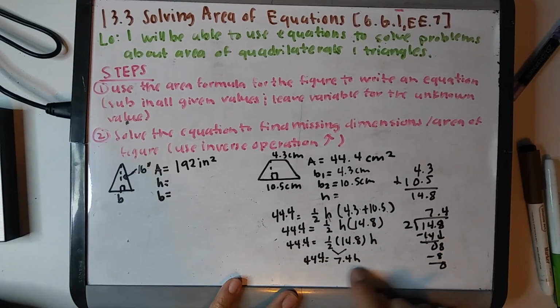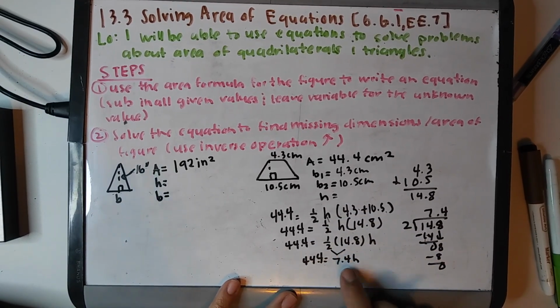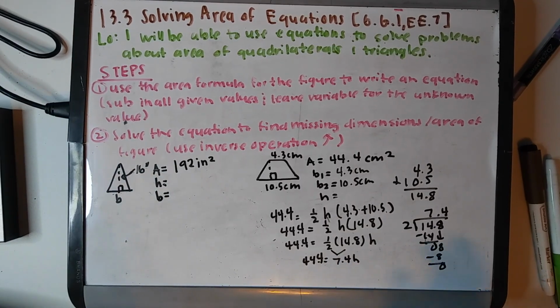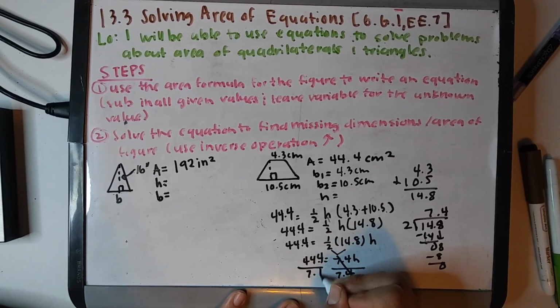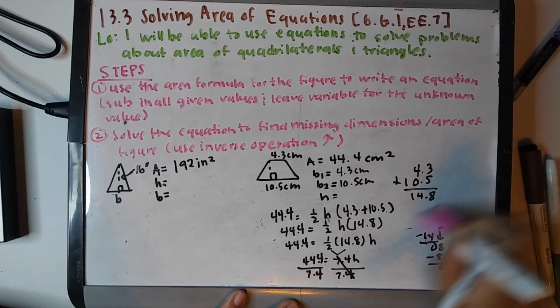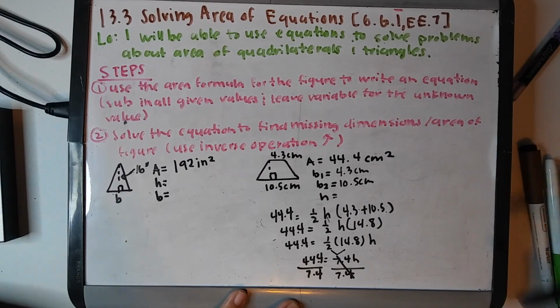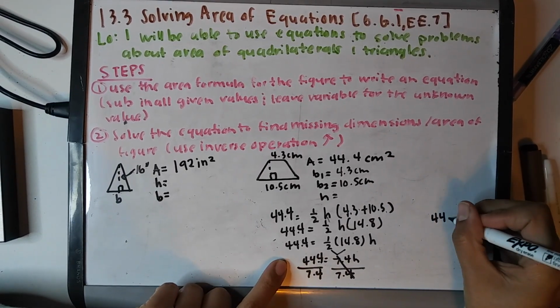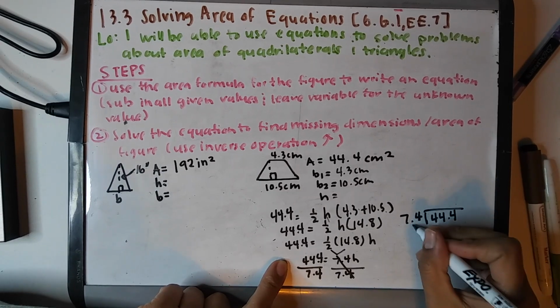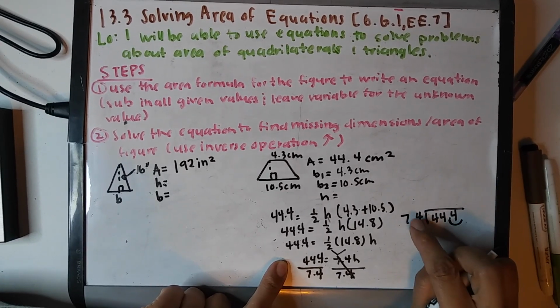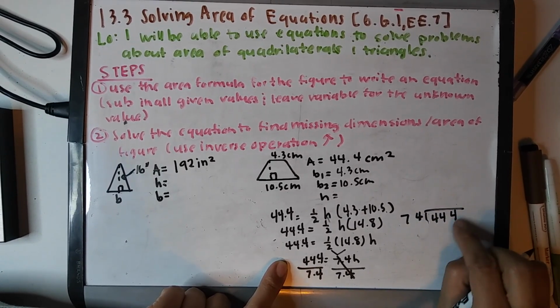Remember, to isolate my variable, I have to do the opposite, which is inverse operation. The opposite of multiplication is division. So what I do to one side, I do to the other side. First one goes inside the house. So then I have 44.4 divided by 7.4. My divisor cannot have a decimal, so I move that to the right. What I do to the outside, I do to the inside, so I end up with whole numbers like that.